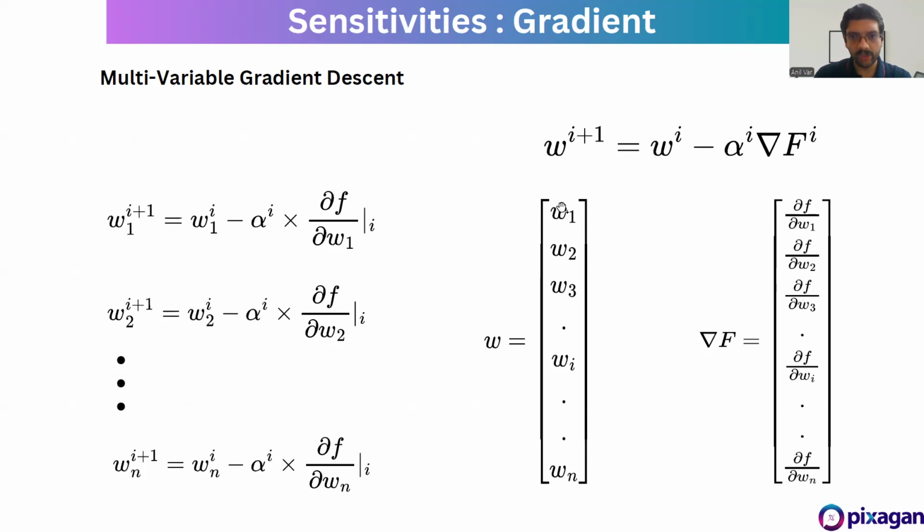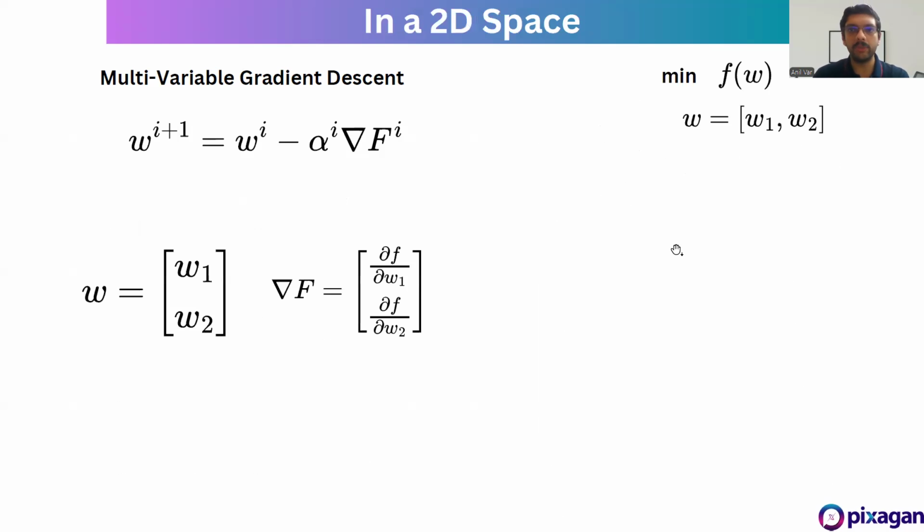In this case, W represents this vector, and W at iteration i+1 is equal to W_i, the state at the ith iteration, minus the learning rate, which we're going to keep constant and not change for different W's for now, times the gradient vector. So now you've got a simple vectorized version of gradient descent for a multi-dimensional problem. It's actually still very simple.